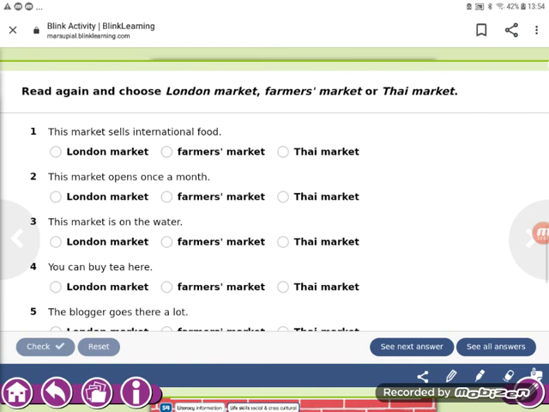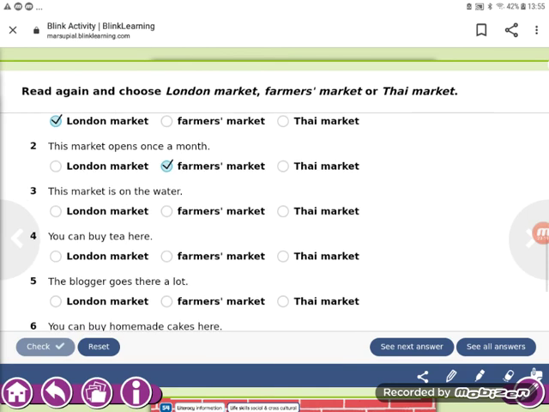Ok. This market sells international food. Which one? London Market. This market opens once a month. Farmers Market. This market is on the water. Thai Market. You can buy tea here. Where is it?